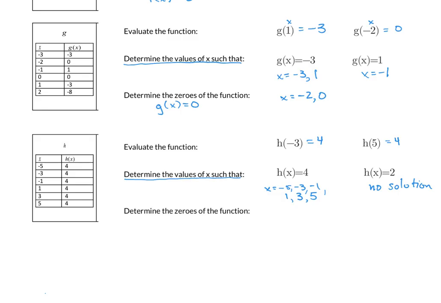We want to determine the zeros of the function. Remember, that means our function is equal to 0. Is this ever equal to 0? No. So this is also no solution.